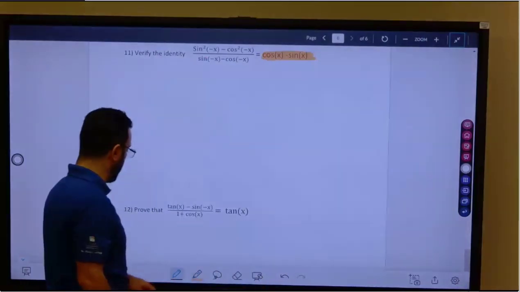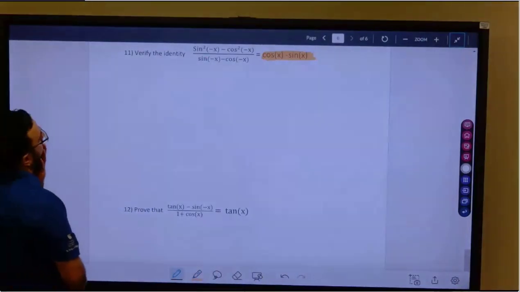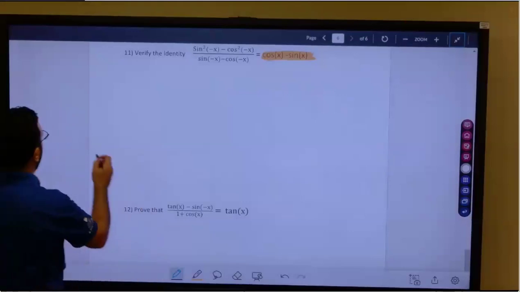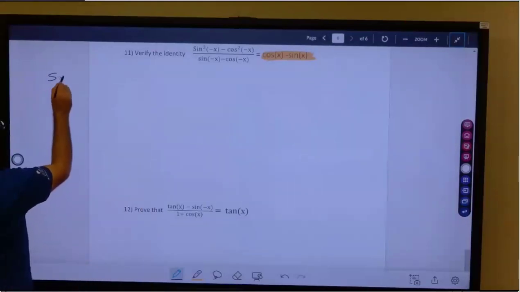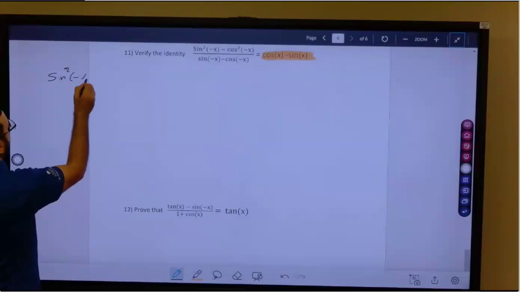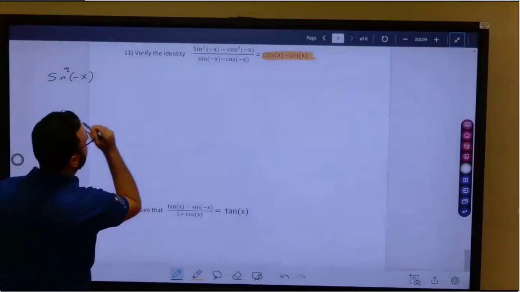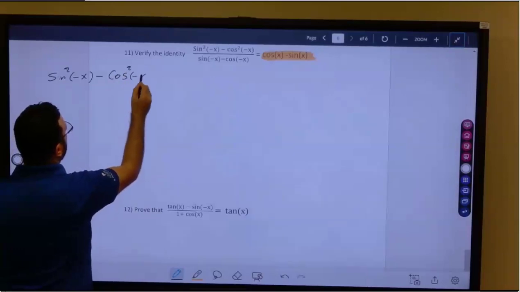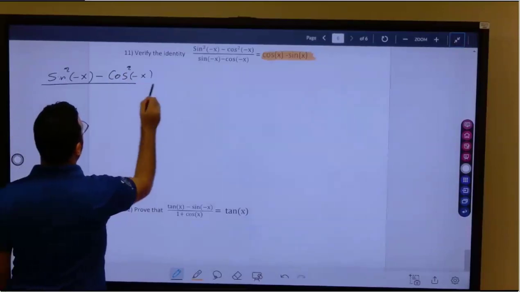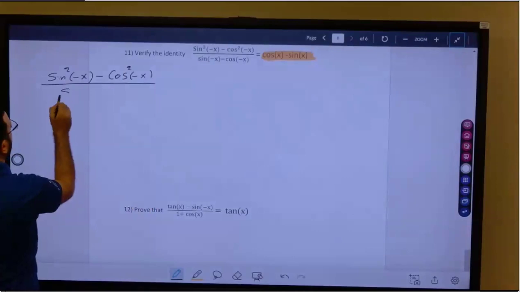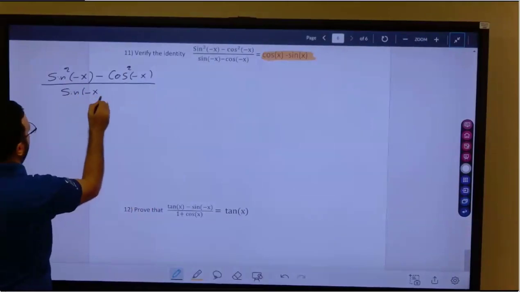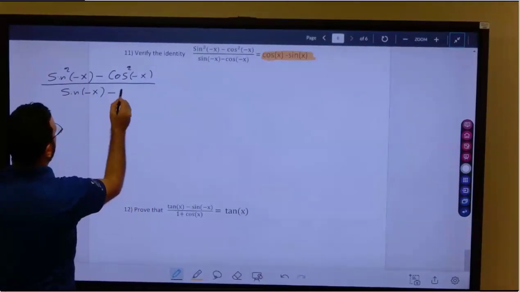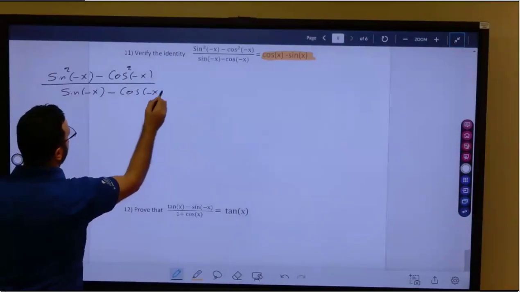Before looking at the problem, let's say it's sine squared negative x minus cosine squared negative x, over sine negative x minus cosine negative x.